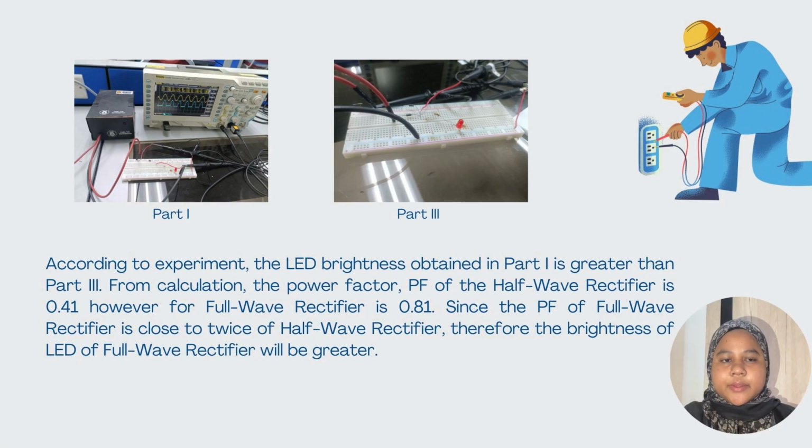From the experiment, the LED brightness obtained in part 1 is greater than in part 3. From the formula that I showed on the slide before, we can find the power factor for the half wave rectifier is 0.41. However, for full wave rectifier is 0.81. Therefore, the brightness of the LED of full wave rectifier will be greater.